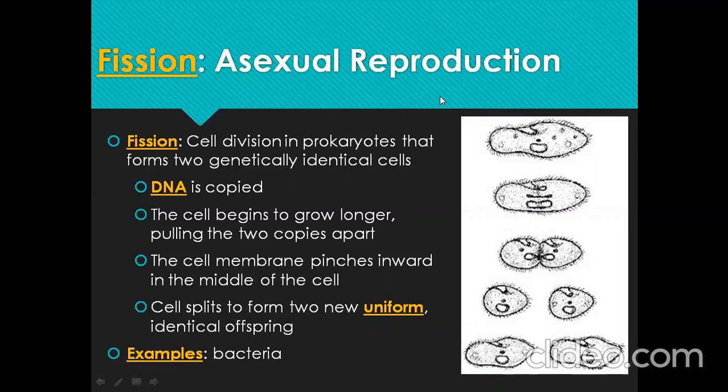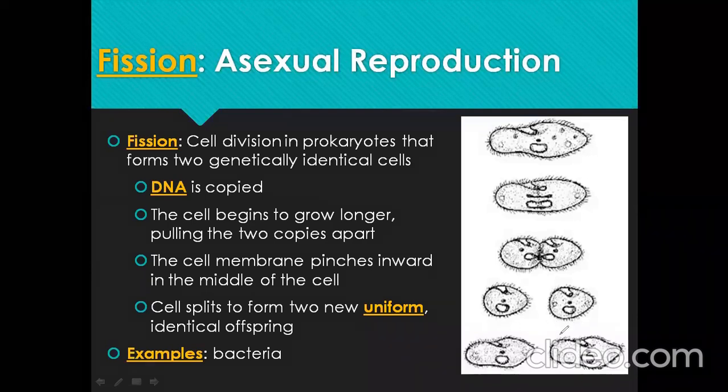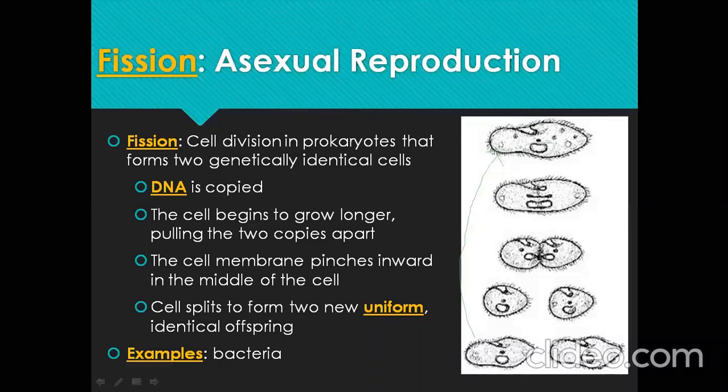So these two cells are now similar to their parent, right? You can see here that these two new bacteria are similar to this bacterium. Why? Because the DNA of this one replicates, and both of them get the same DNA as their parent, right?